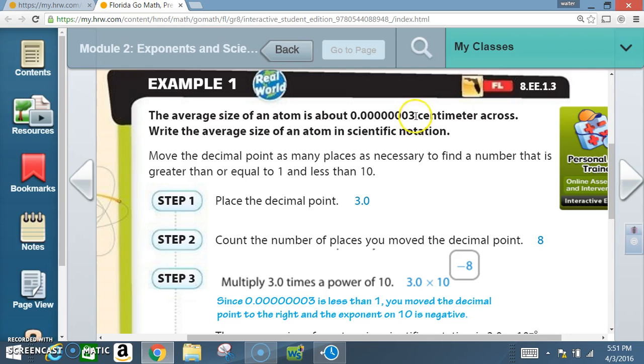Because at this point it's greater than 1 but less than 10. Now how many spaces does that take? 1, 2, 3, 4, 5, 6, 7, 8. And since we're moving the number that's less than 1, we know that the exponent has to be negative. So our final answer then is 3.0 times 10 to the negative 8.